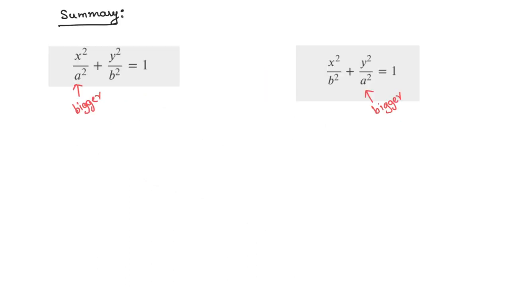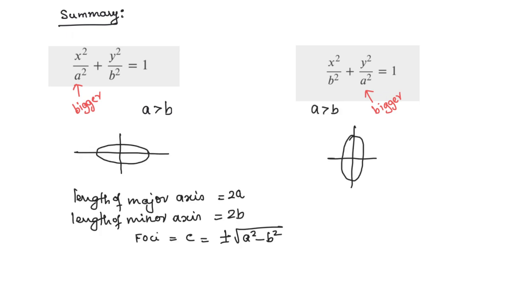In this section you learn the standard equation of an ellipse centered at 0, 0 and their graph. And here a is always bigger than b. If a is below x square, then the major axis will be on the x-axis, and length of the major axis will be 2a. Length of the minor axis will be 2b, and we can find the foci using this formula.